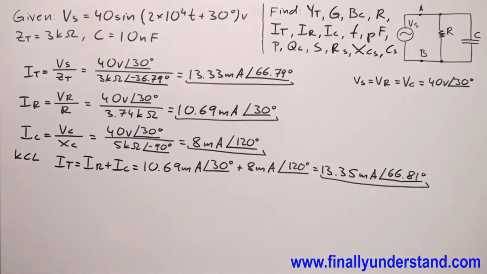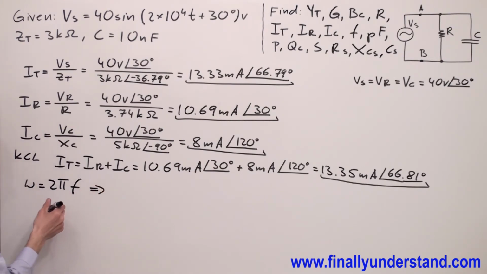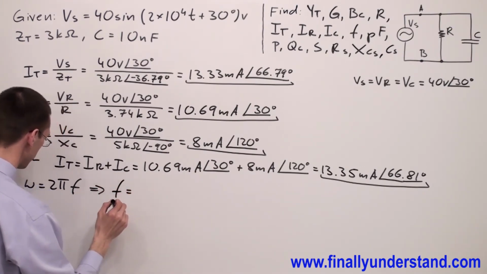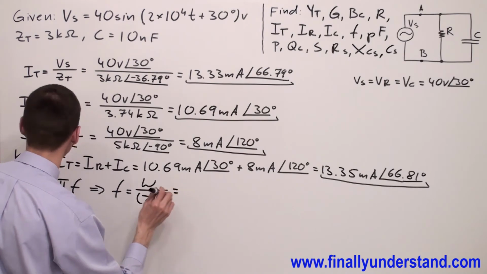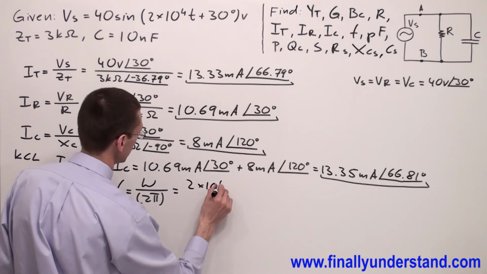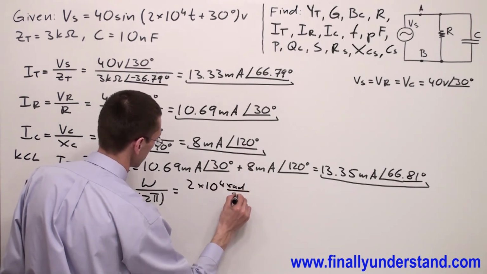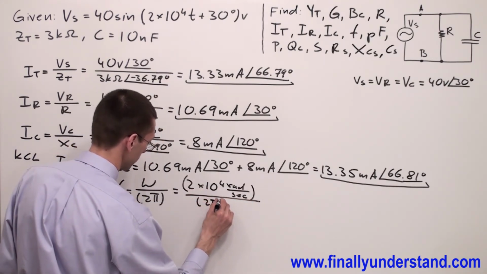Next, we're supposed to find the frequency in the circuit. Please notice that we have been given omega. The formula for omega says omega is equal to 2 pi f. If you solve this formula for f, you'll have f is equal to omega over 2 pi, where omega is equal to 2 times 10 to the 4th radians per second, divided by 2 pi.